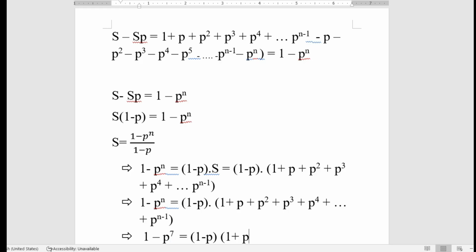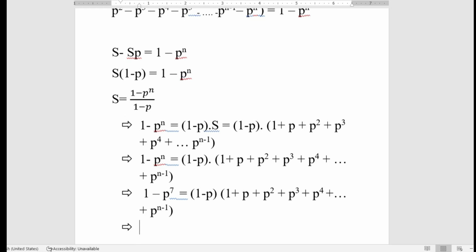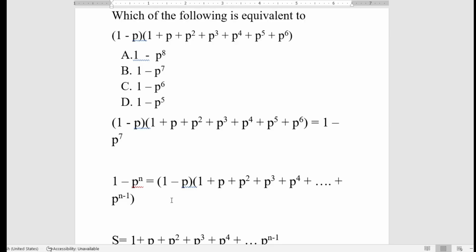Yeah, and you have the answer of this expression is 1 minus b to the power of n by memorizing the formula.